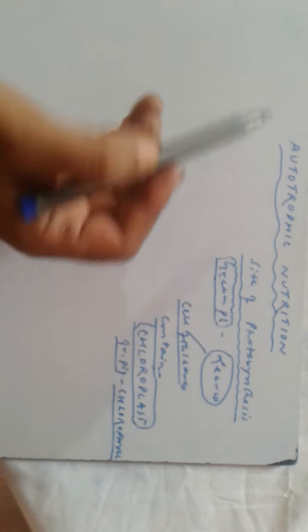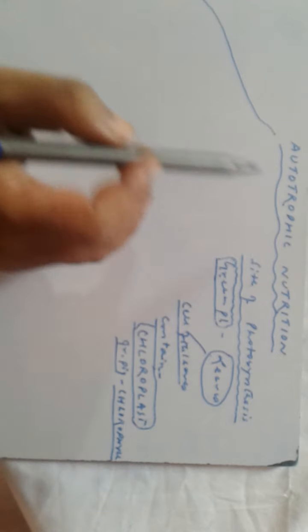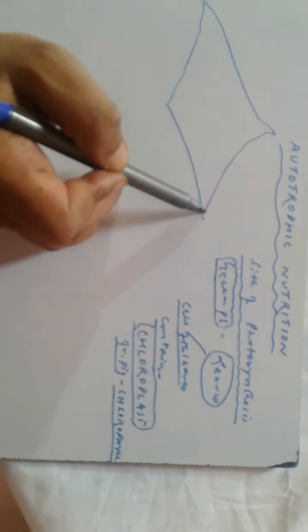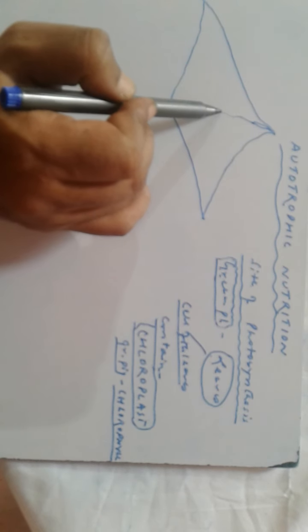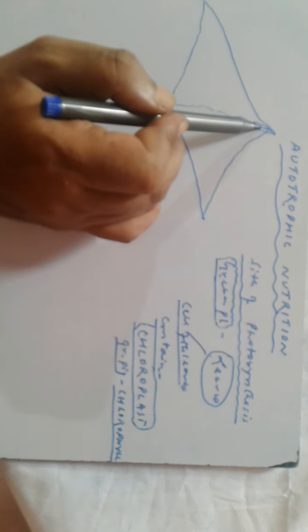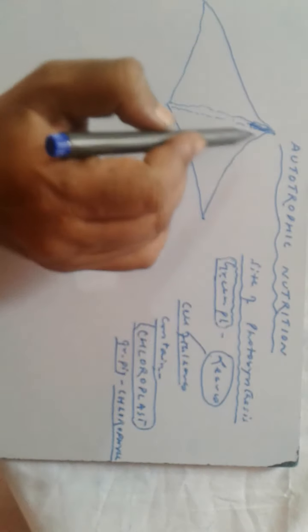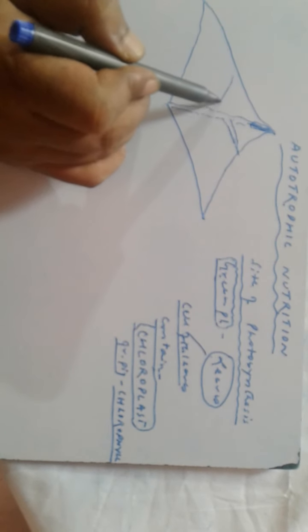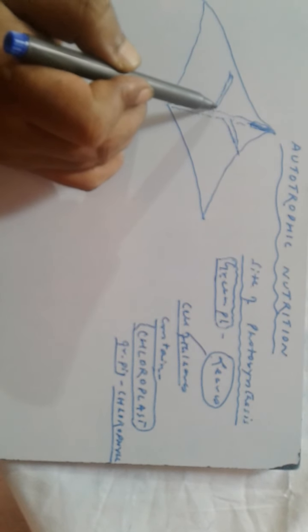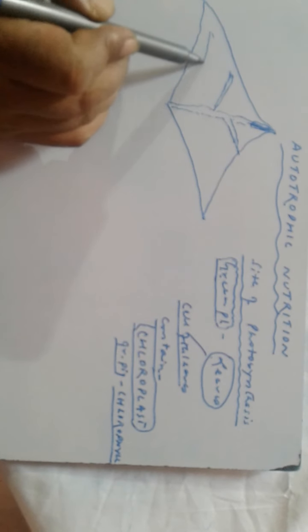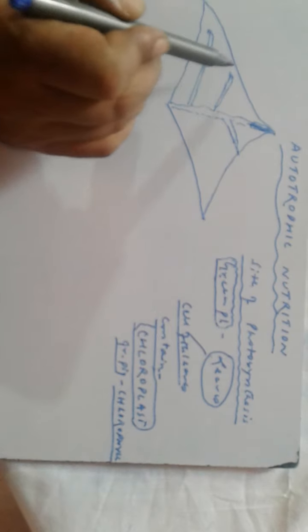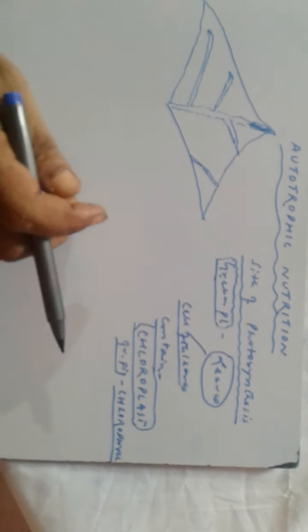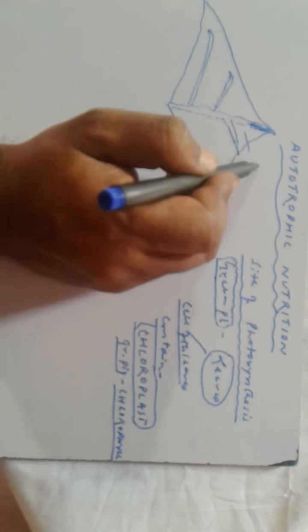Let's make a figure of a leaf. In the exam you may be asked to draw it. So this is the blade part, called the lamina.